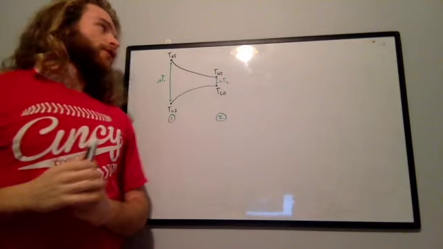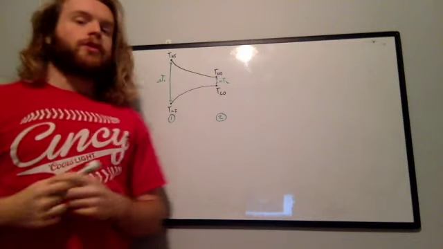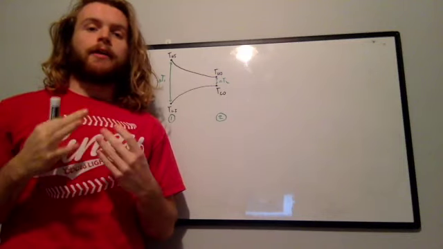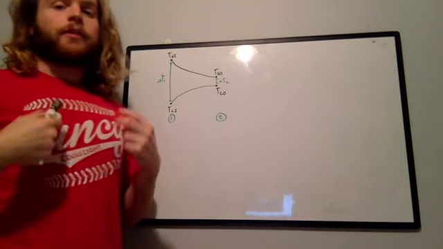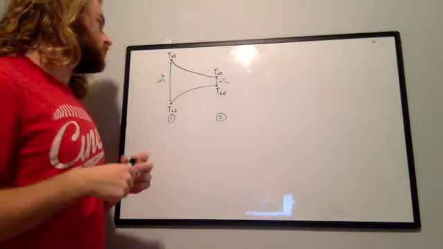Today's video we are going to be going over a situation where we have a heat exchanger with two currents going through it. This could be a fluid or a gas of some sort.